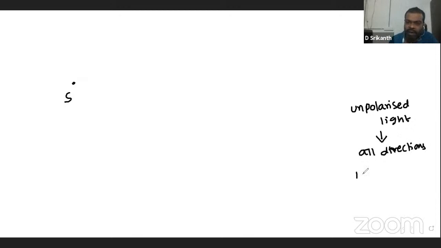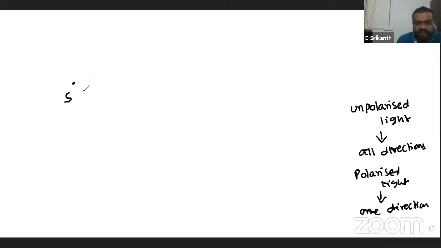And polarized light means it will travel only in one direction. In order to obtain polarized light, we have a device called a polarizer.